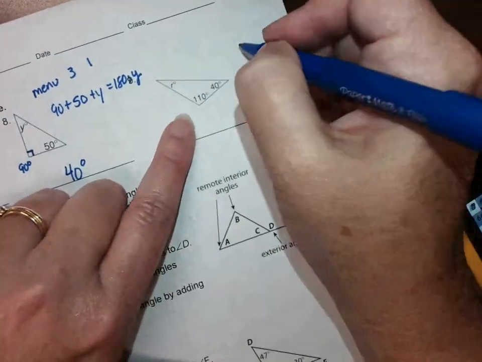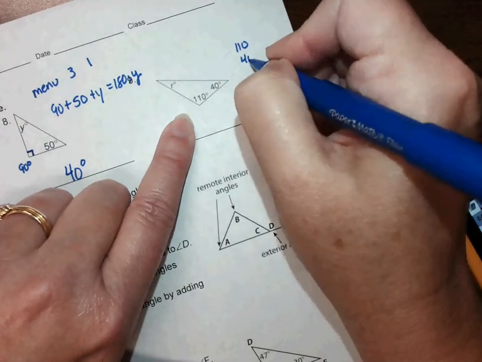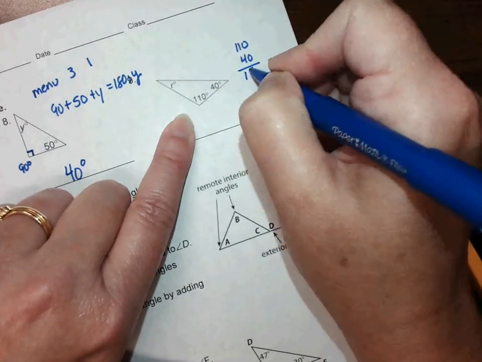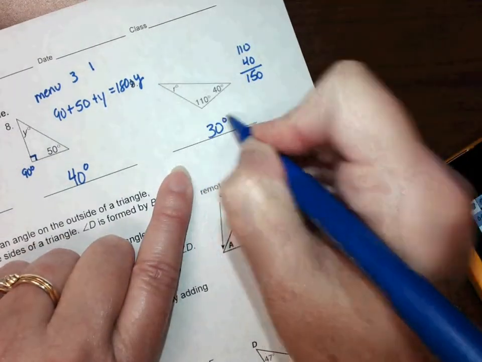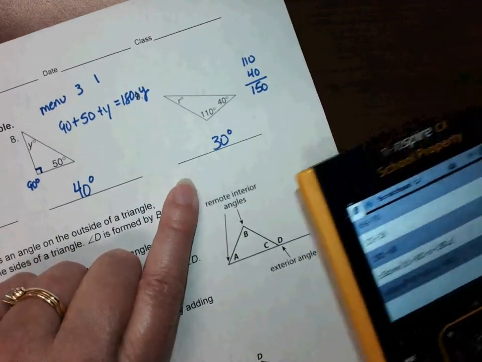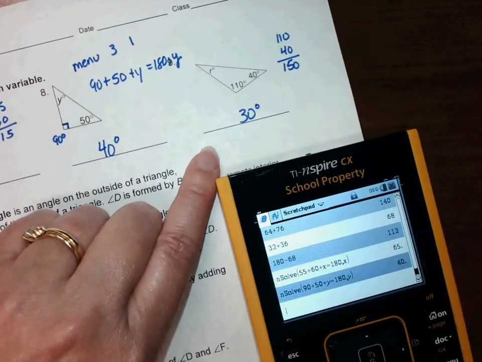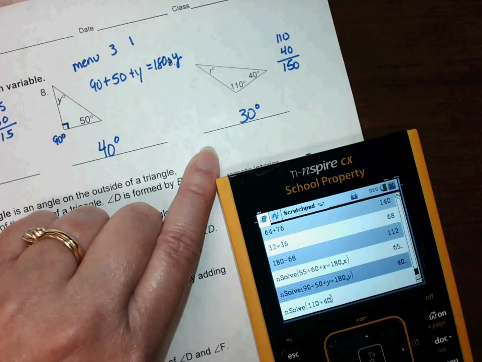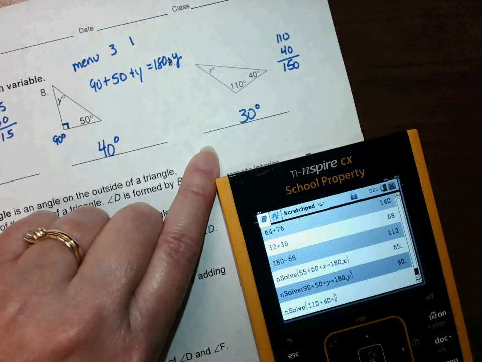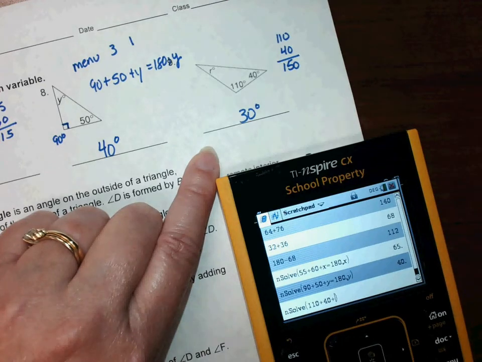I could say 110 plus 40 equals 150. And then 180 minus 150 is 30 degrees. Or I could do inSolve, and I could say menu 3-1, and I could say 110 plus 40 plus r plus r has to equal 180 degrees, and then do comma r.